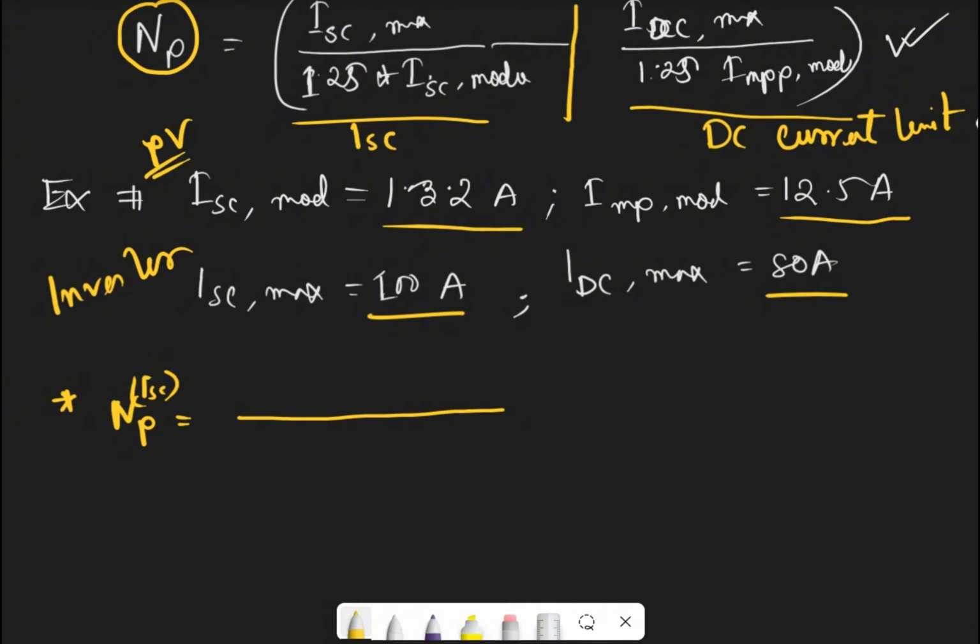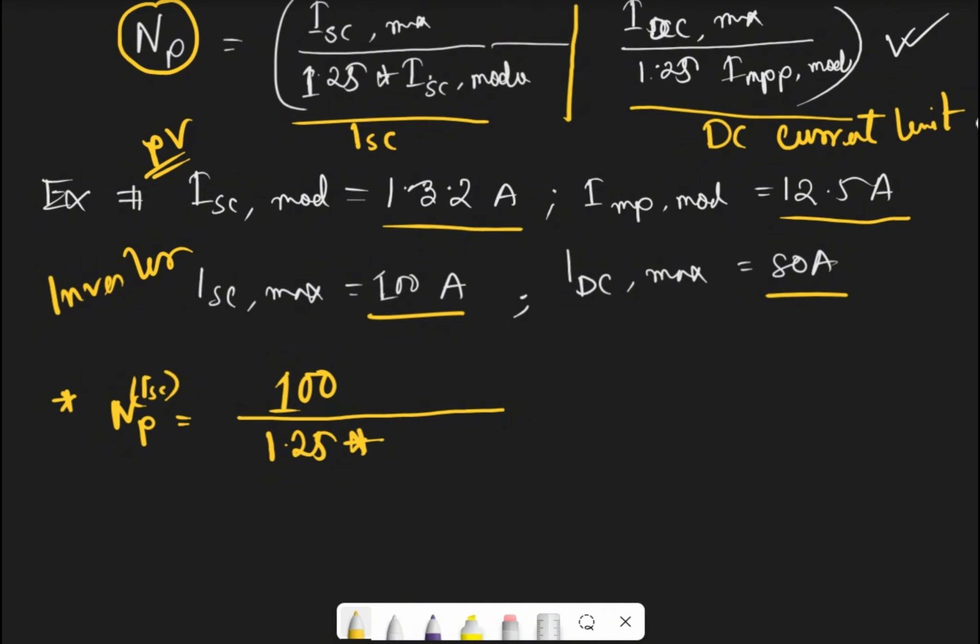So for short circuit, the test data for maximum short circuit current is 100 ampere from the inverter, and the safety factor is also taken into account, and the short circuit current for the module, right?